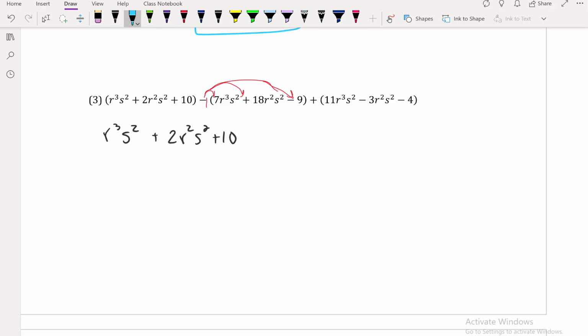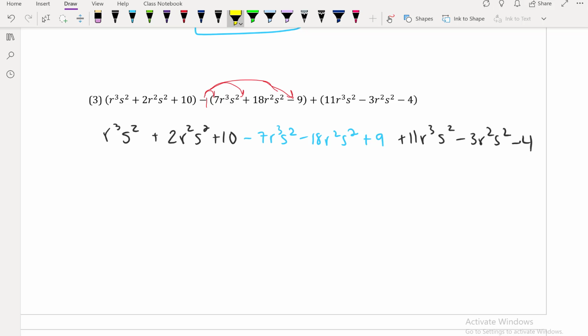I also now have this negative 7r cubed s squared. And since I'm distributing a negative, it would be a negative 18r squared s squared and a positive 9. And I have the last thing, which is 11r cubed s squared minus 3r squared s squared minus 4.